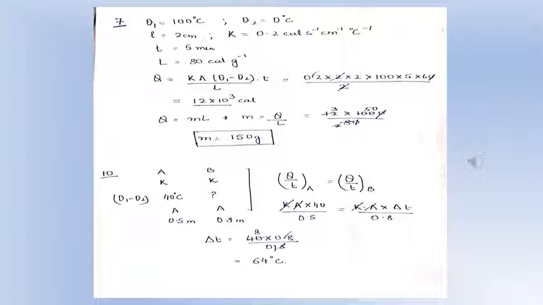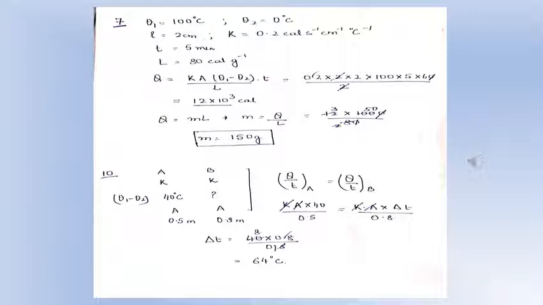So we are going to calculate first the amount of heat that is flowing or getting conducted, which is Ka (theta1 minus theta2) into T divided by L. So K is 0.2. The area of cross section is 2 into 2. The difference in the temperature is 100 minus 0, that's 100, and the time is 5 minutes, which has been converted into seconds, divided by the length, which is 2 centimeters.